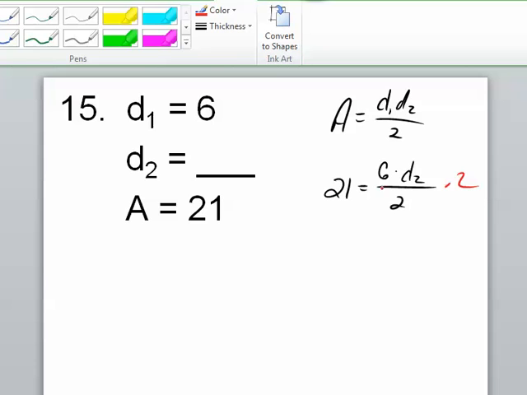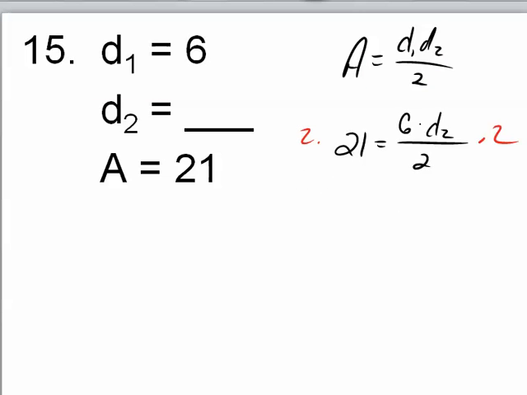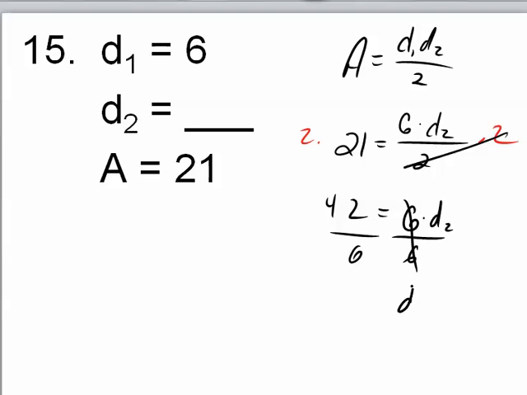To start solving, I'm going to multiply both sides by 2. The 2's will cancel on the right, so we have 6 times the length of the second diagonal equals 42. We'll divide by 6, and we find that the length of the second diagonal is 7 units.